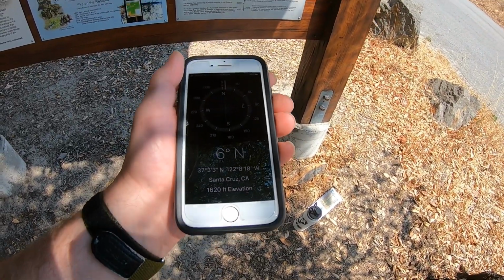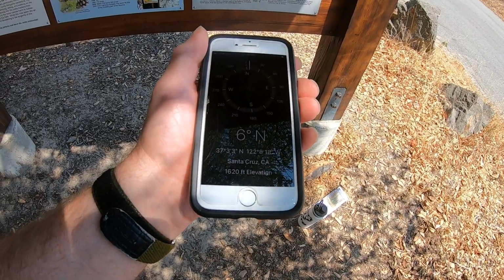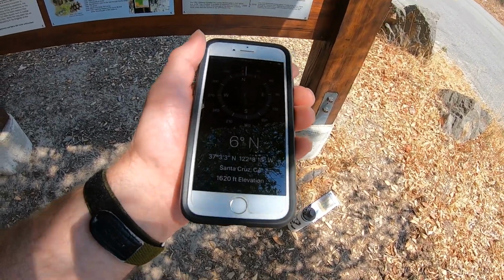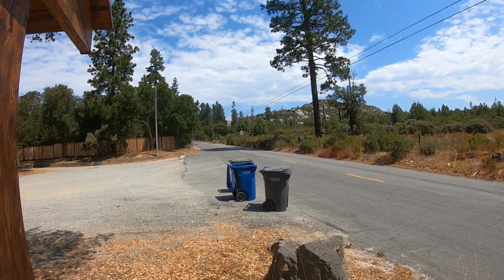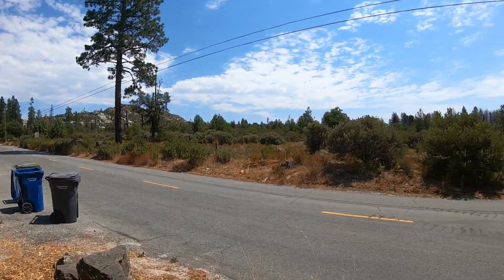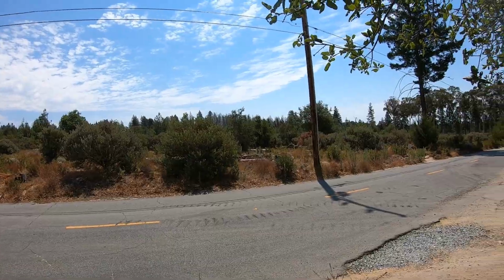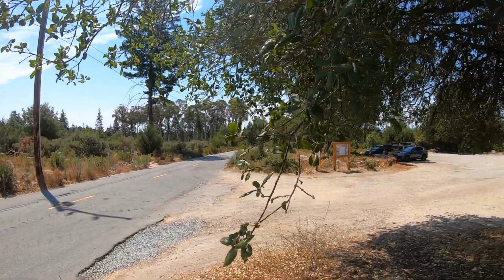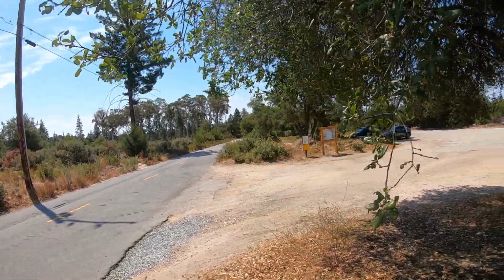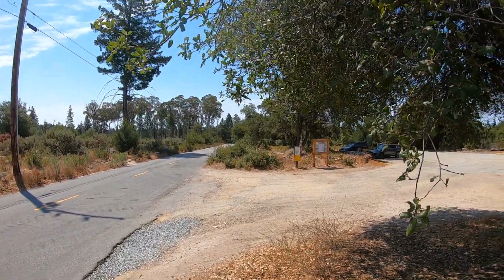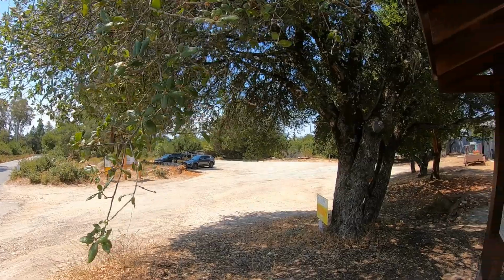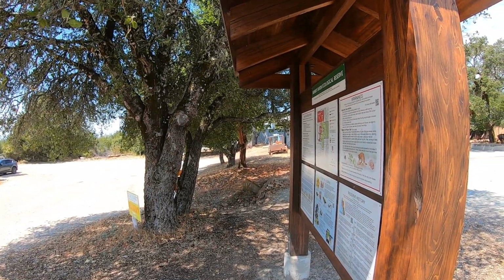North is to the top of the phone and south is to the bottom. So that's looking north, east, south. You can see there's fog along the coast. We're not far from the Pacific Ocean, and that direction is west.